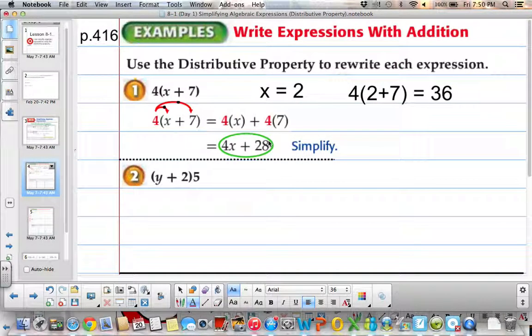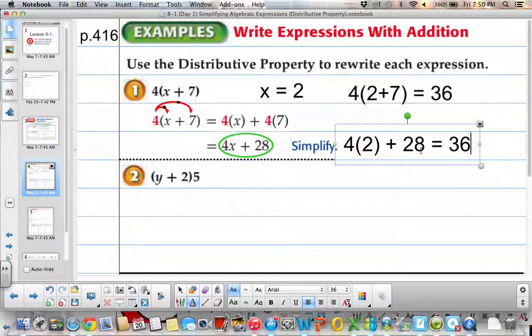Here we can rewrite 4x plus 28, and instead of an x we can put a 2. We get 4 times 2 is 8 plus 28 equals 36. So we know that these two are the same. 4 times x plus 7 is the same as 4x plus 28 because they equal the same thing when you put the same number in for x. But 4x plus 28 is our simplified version.